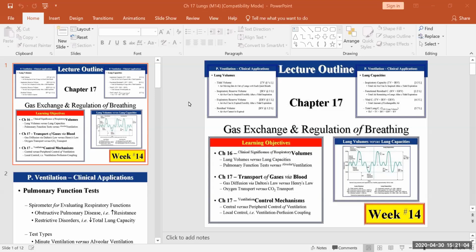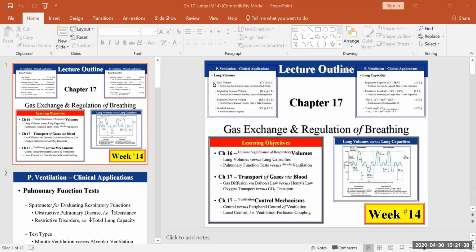So let's start with the most simple concept, the tidal volume. That tidal volume is around half a liter, or 500 ml or 500 cc's. This tidal volume is the amount of air that's being displaced with each breath at rest.